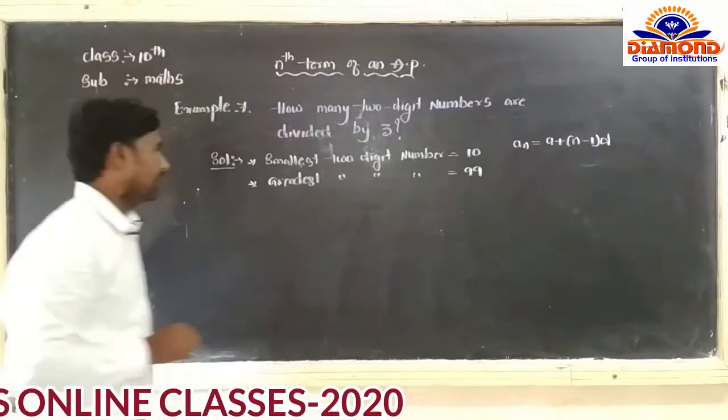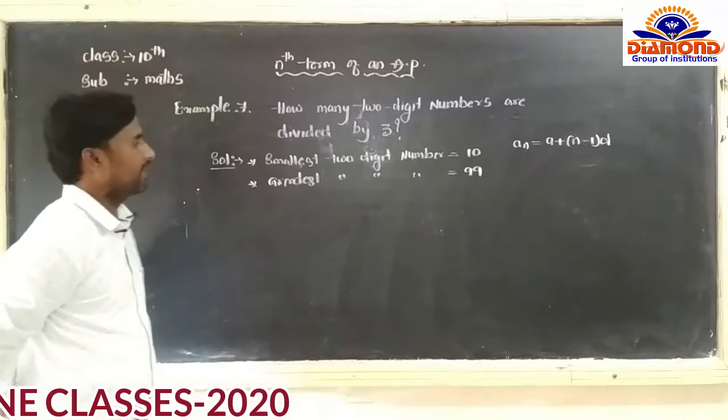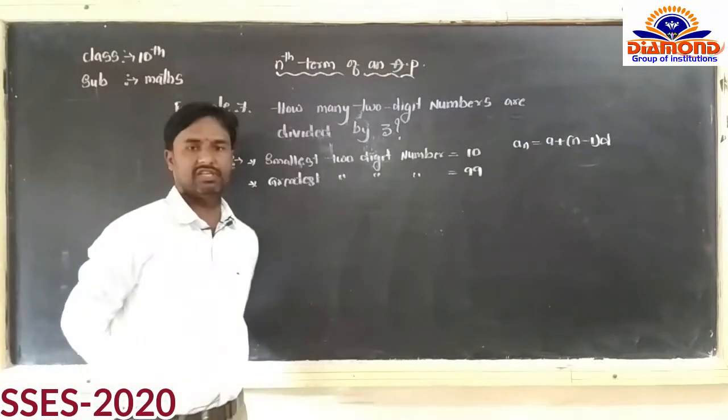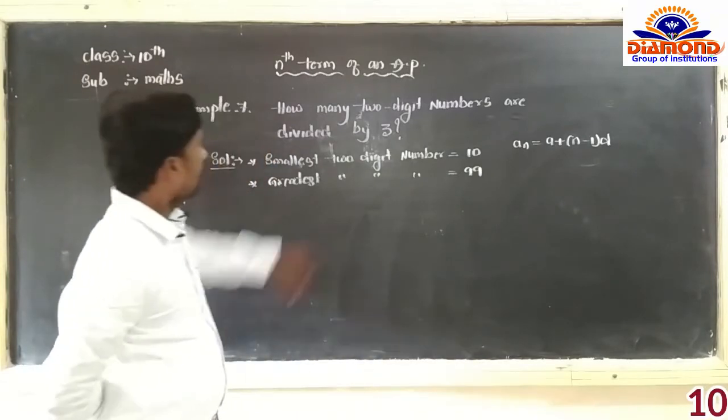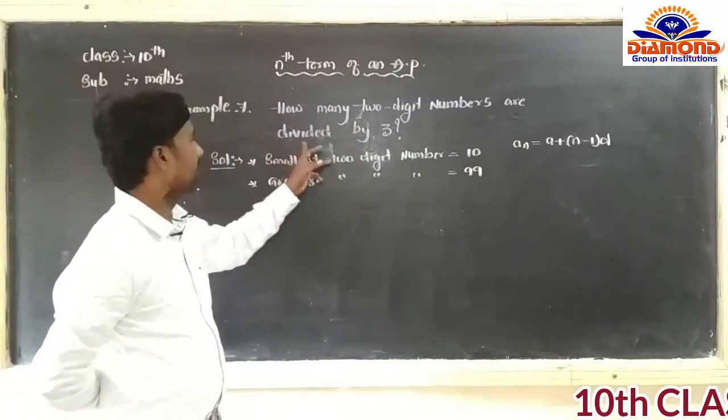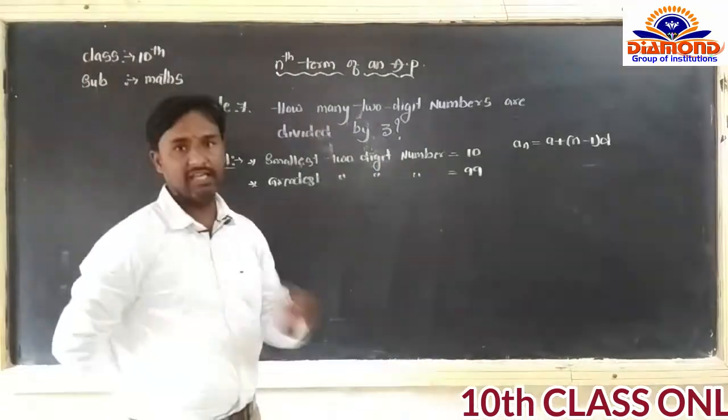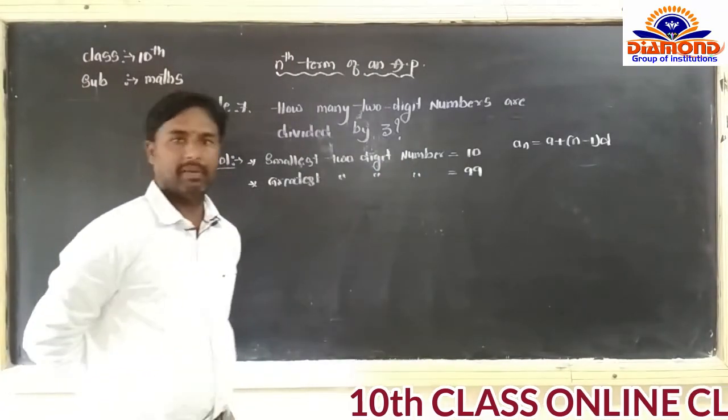But what is the question? How many 2-digit numbers are divisible by 3? It is asking for numbers divisible by 3.